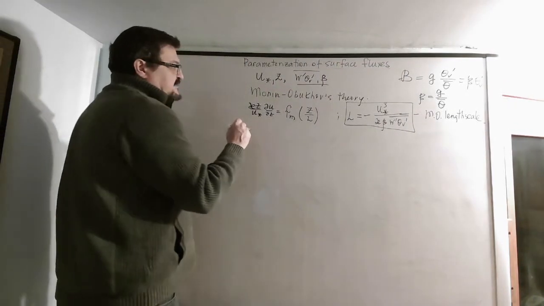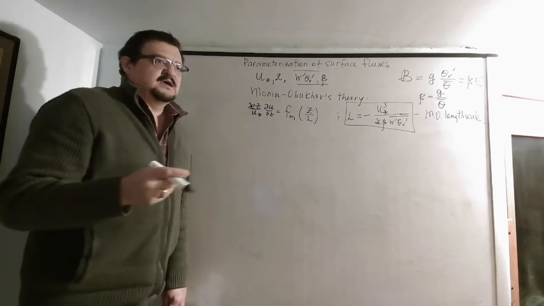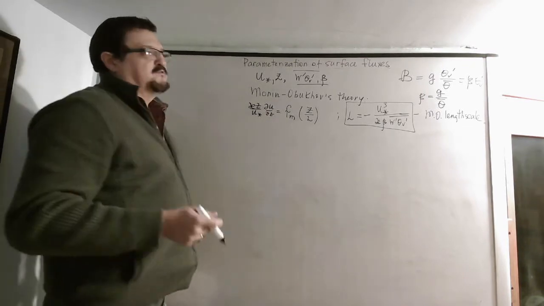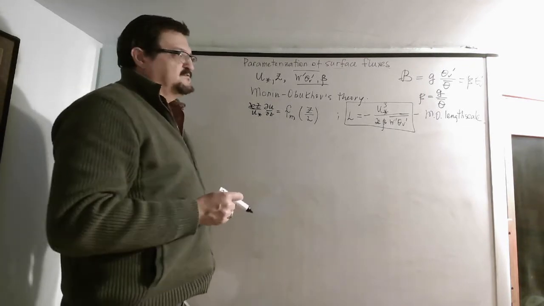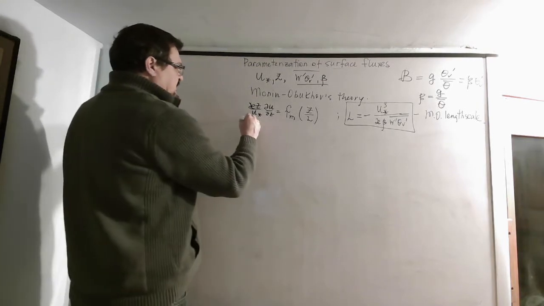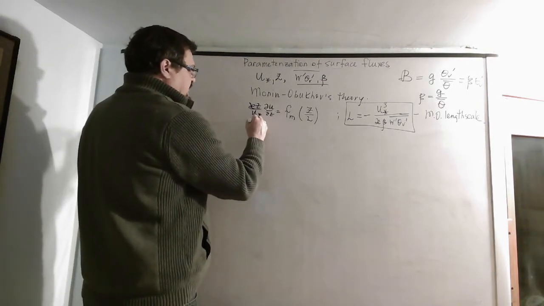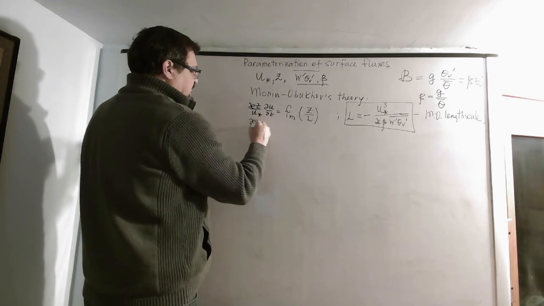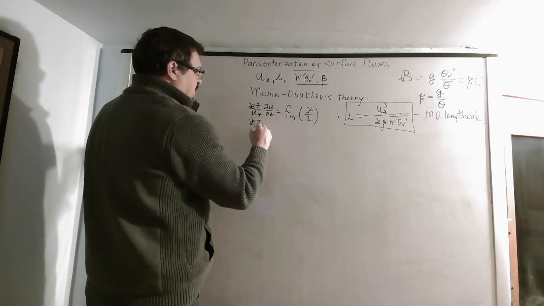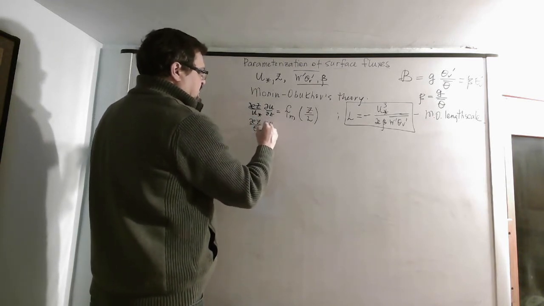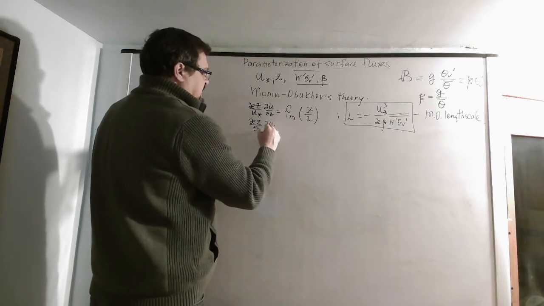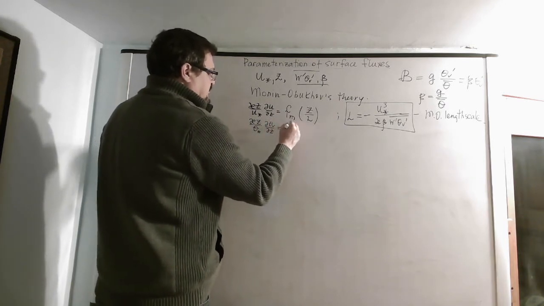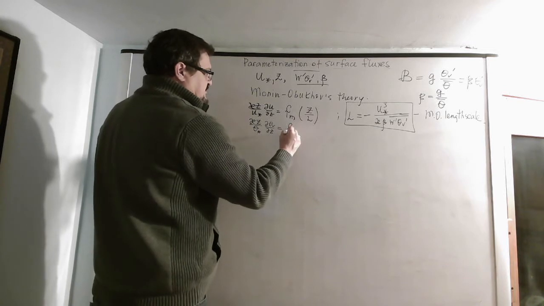We can write similar formulas, assuming there is a similarity law for temperature and for water vapor. So we can write: kappa z divided by theta star, d theta v dz, equals f h.